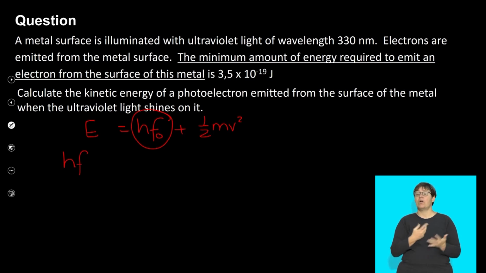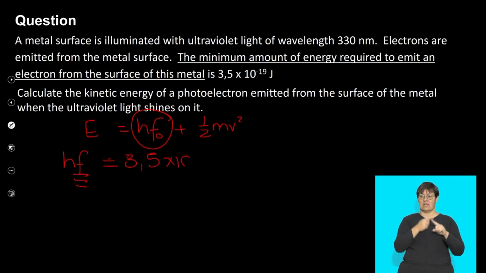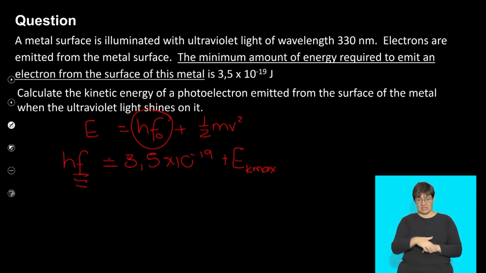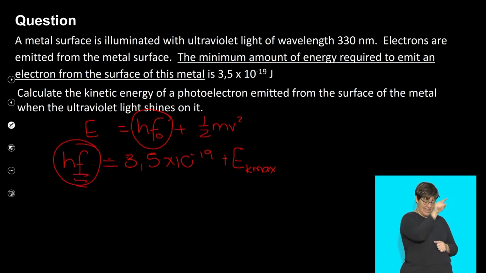We've just worked out f, so we can put that in. They want the kinetic energy. We know this is 3,5 times 10 to the minus 19. And in fact, all we have to do is calculate Emax. We didn't need the velocity. So just be careful. This is why you needed the question we just worked out. This actually makes it not so bad. Okay.